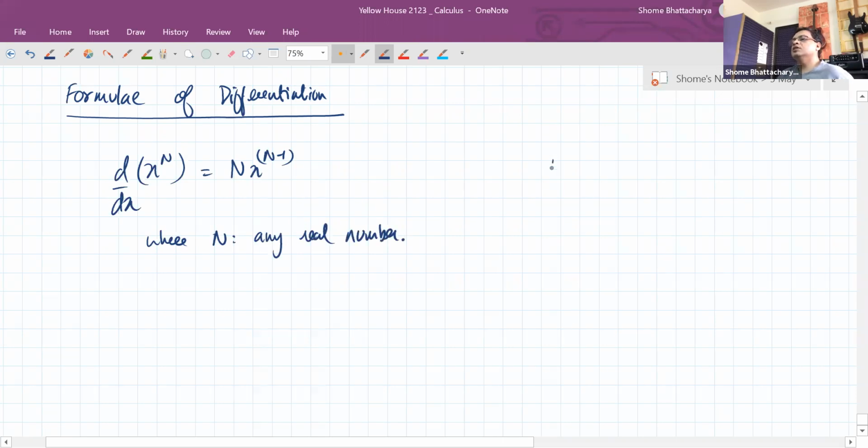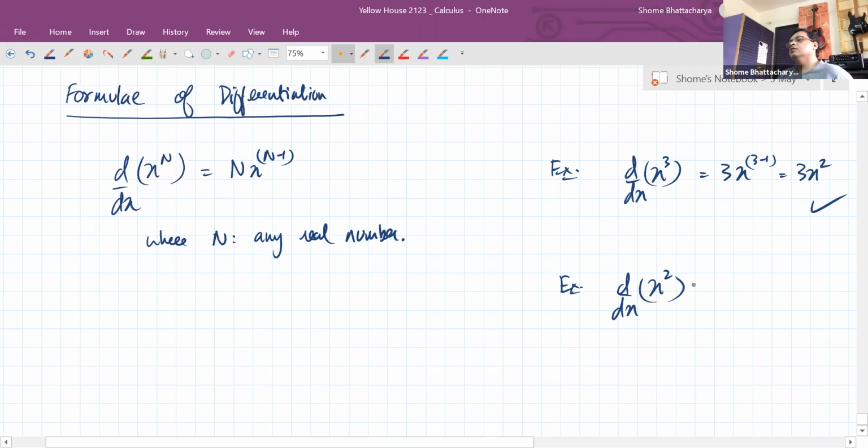For example, by this formula, differentiation of x cube will become 3x to the power 3 minus 1, 3x square, which we have seen before. Differentiation of x square will become 2x to the power 2 minus 1, or 2x, which is also something we have seen in the last lecture indirectly.